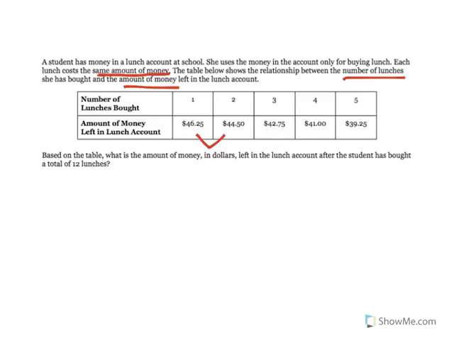And it's going down by $1.75. And then from here to here, $44.50 to $42.75, it's also going down by $1.75. Same here. Same here. Okay, so it looks like each lunch is $1.75, and every time she buys a lunch, her account goes down by that much. Okay, we've got the pattern.